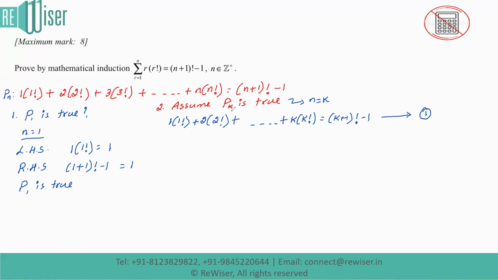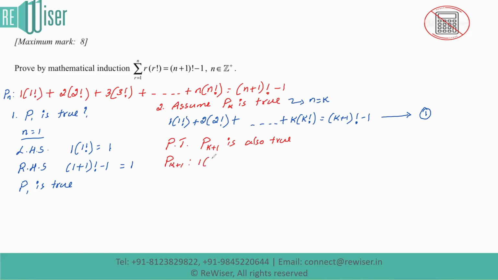Now, if I assume P of k is true, we need to prove that P of k plus 1 is also true. So my statement P of k plus 1 would look something like this.